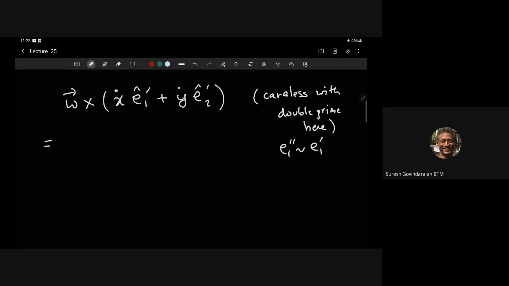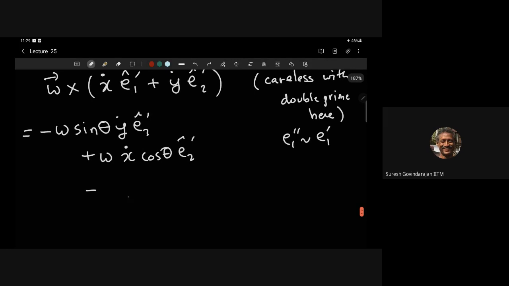So if you compute this, you will get minus omega sine theta y dot T3 prime plus omega x dot cosine theta T2 prime plus or minus omega y dot sine cos theta E1 prime.